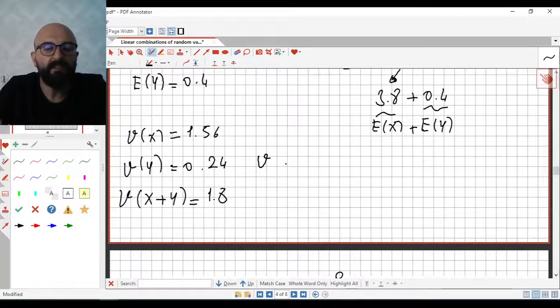So the variance of s means the variance of x plus y.